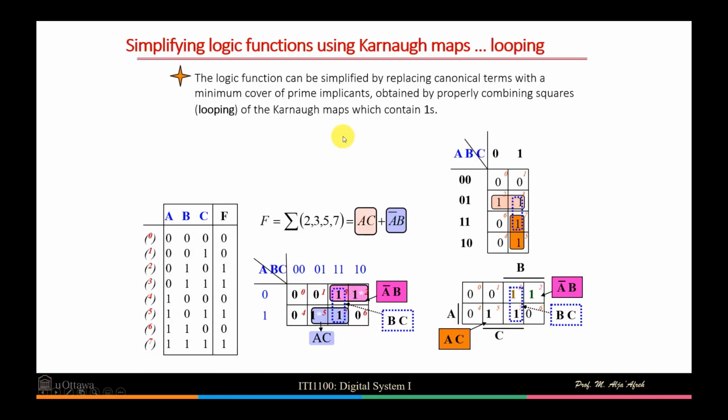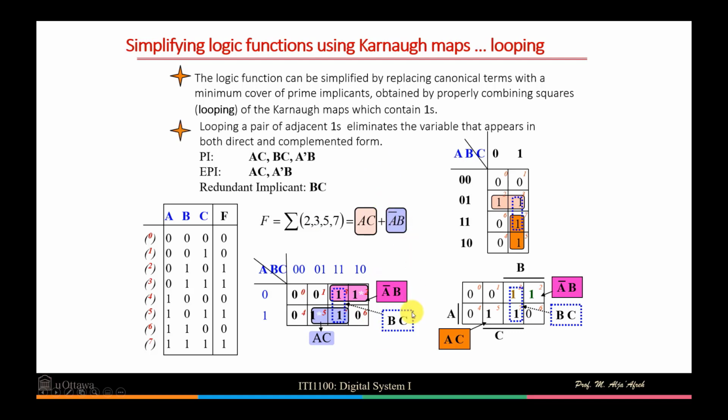If you did not catch it, I'm going to re-explain it here again with more graphical interaction. So here, guys, after looping all the ones, you can see that this one, AC, is an essential prime implicant because this one can only be grouped in a group of 2 this way, okay?